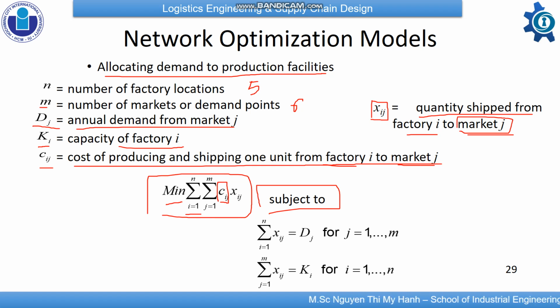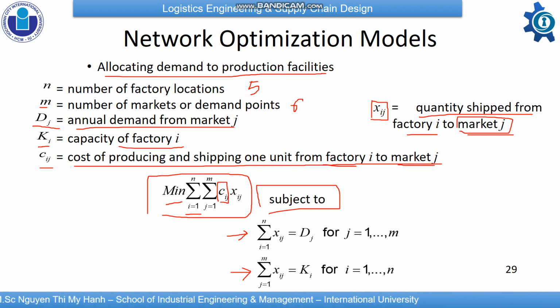And the second constraint is that the total quantity shipped from factory i to all the markets has to be less than or equal to the capacity of factory i, because they cannot deliver more than what they have, right?